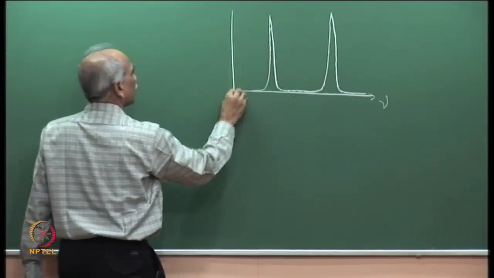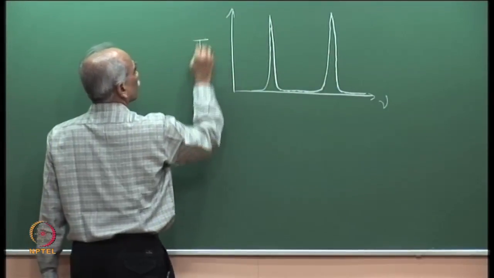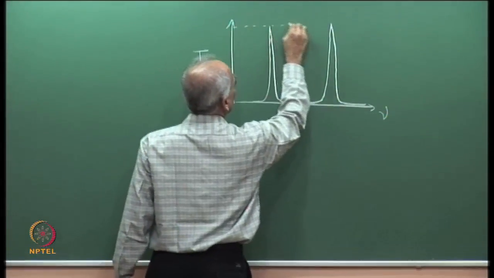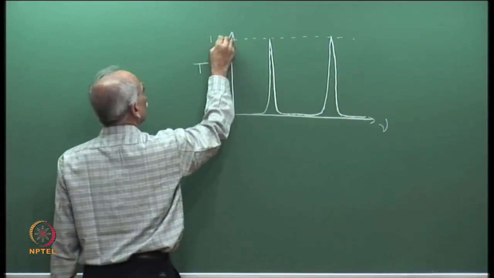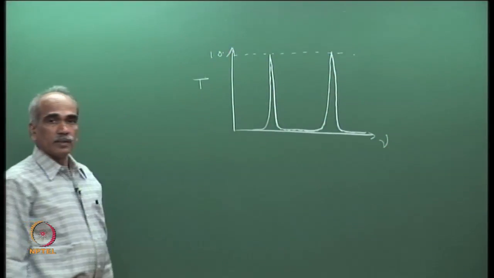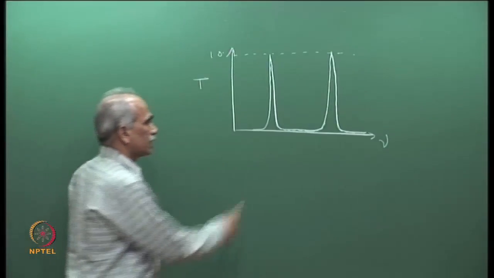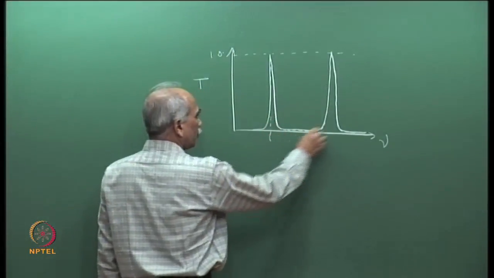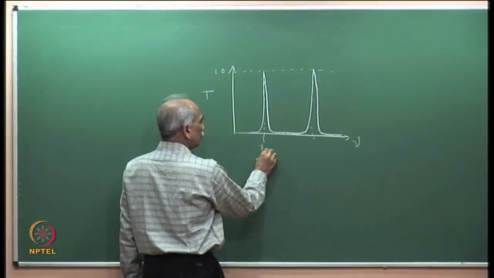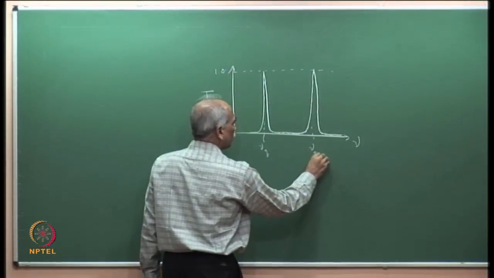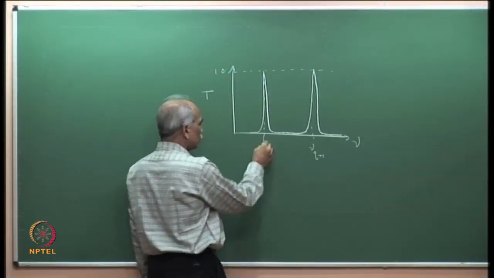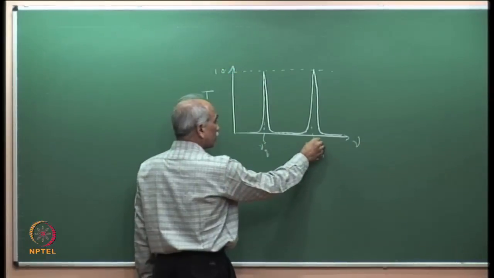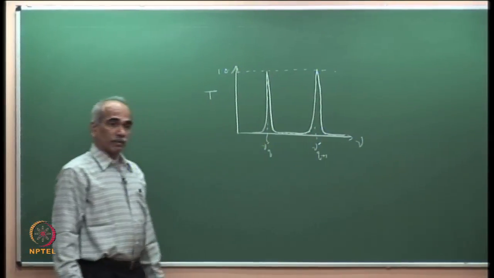So, what I have plotted is the transmission of the echelon, transmittivity or transmission versus frequency, and this is 1. So, there are frequencies here, nu q and nu q plus 1. This is of the echelon, not of the resonator.